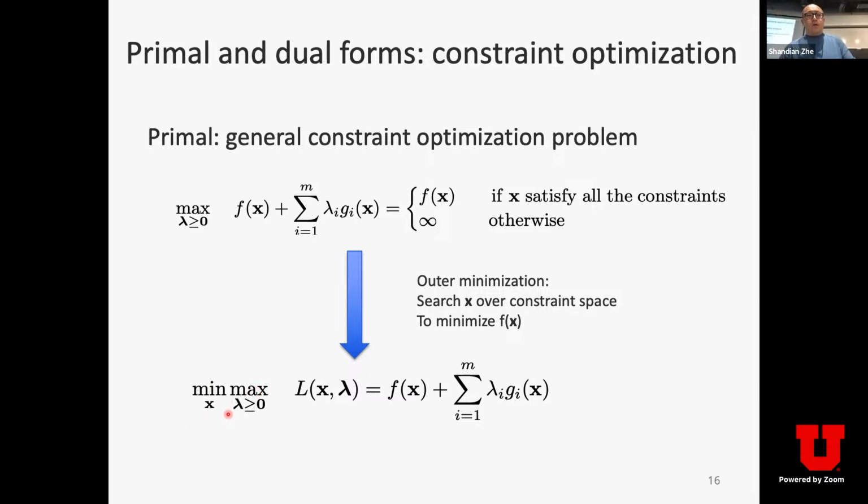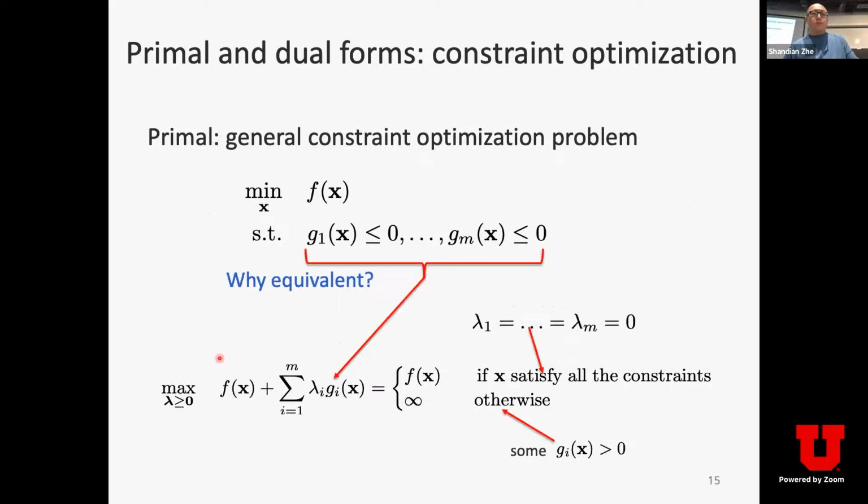The only constraint is over the Lagrange multipliers, which is a non-negative constraint, a relatively simple constraint, also called a box constraint. It is much, much easier than solving the original problem where your feasible space is determined by a set of nonlinear inequalities. When g1 of x to gm of x are complex and nonlinear, you do not even know the shape of the feasible space for x.